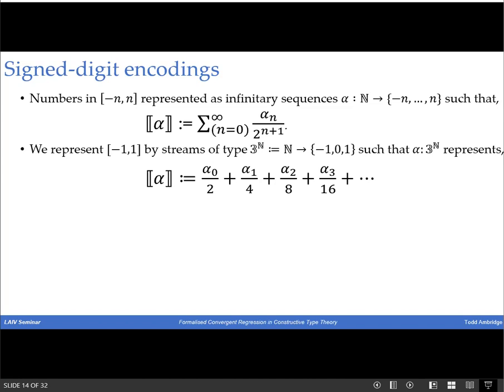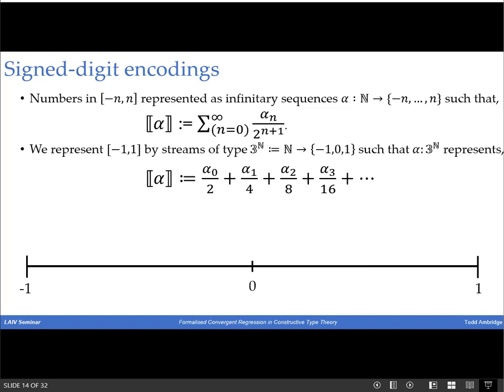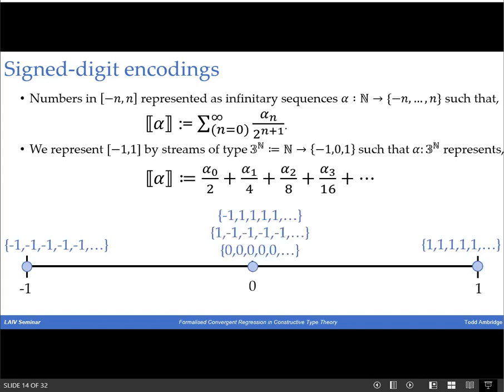That gives you the convergence property I mentioned. So by dynamic granularity, what we mean is that if we look at the real line here, we have representations of minus 1, which is an infinite number of minus 1s, 1, an infinite number of 1s, and 0, which can be represented in many different ways.